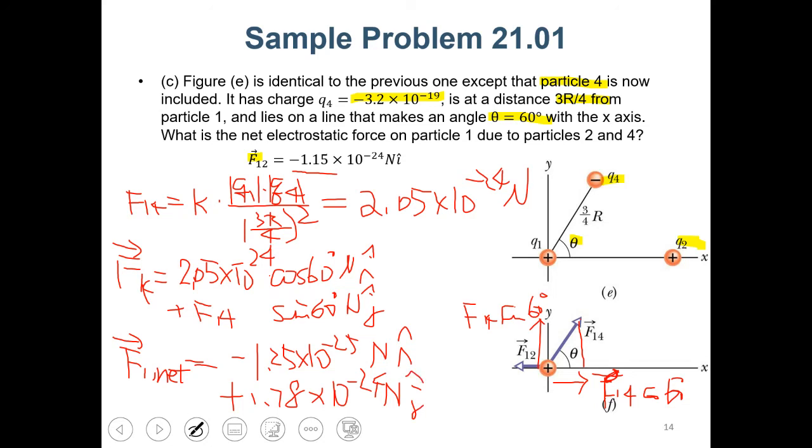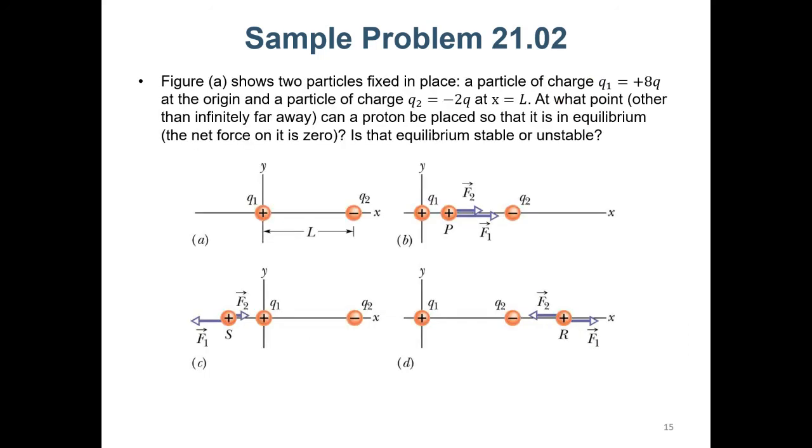So the calculation should be very simple. The only math involved is cosine 60 degrees and sine 60 degrees. Any questions? Very easy, right?